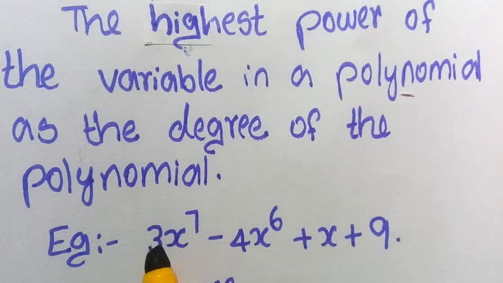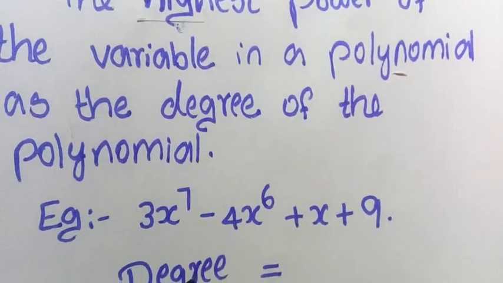In the first term 3x to the power 7, the power of the variable is 7. In the second term, the power of the variable is 6. In the third term, the power of the variable is 1. And in the fourth term, the power of the variable is 0.